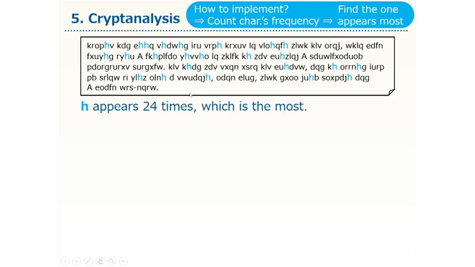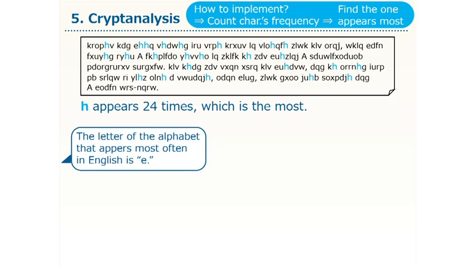For example, let's assume we succeeded in making this program, and by counting the frequency on this ciphertext, we learned that H appears most often. In fact, in this example, H does appear 24 times, which is the most.